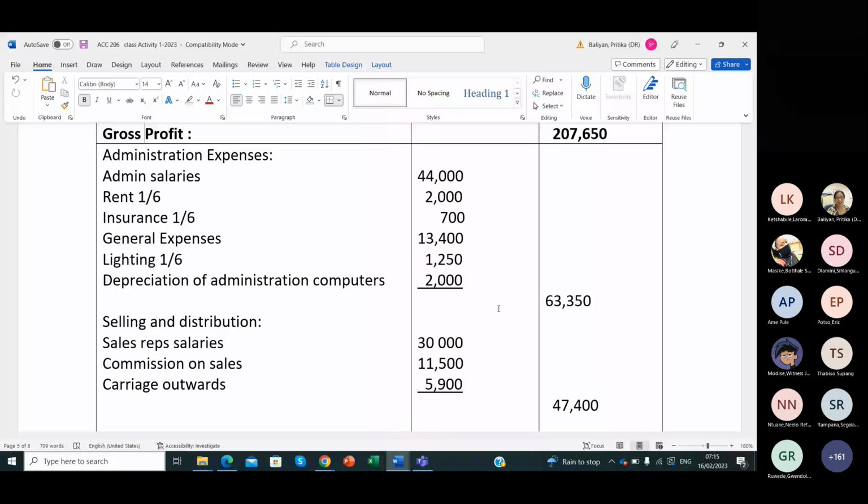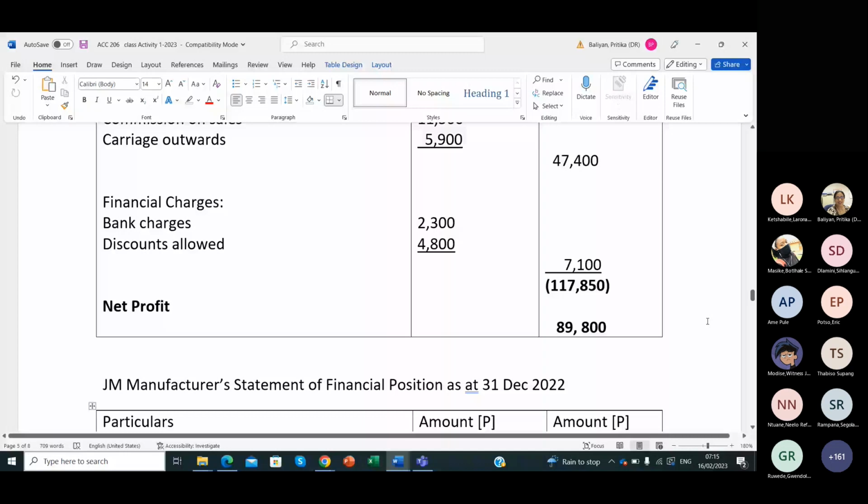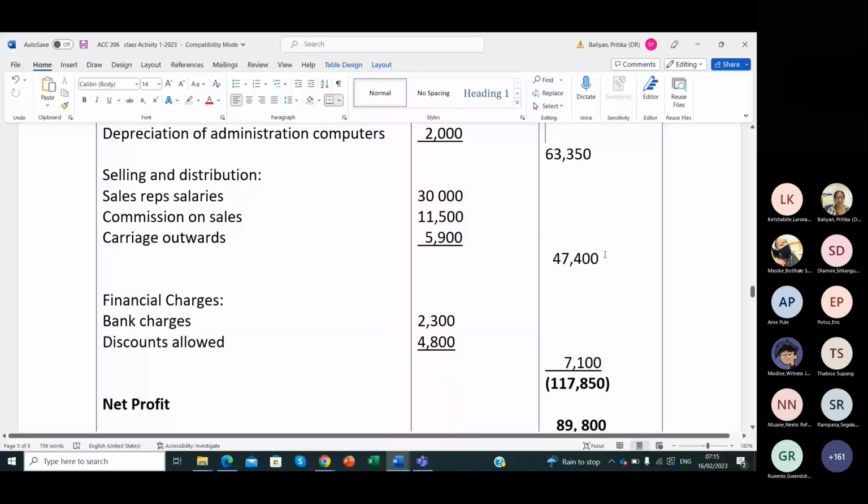So we include all of them. Now, after having the administration cost, which is 63,350, we account for selling and distribution. For that, you have to look in the question.